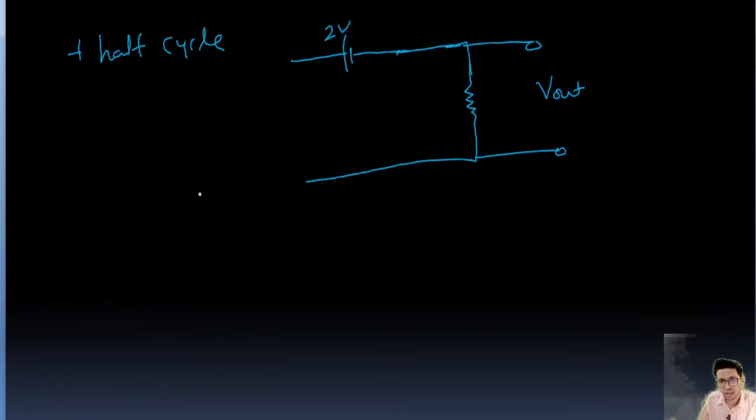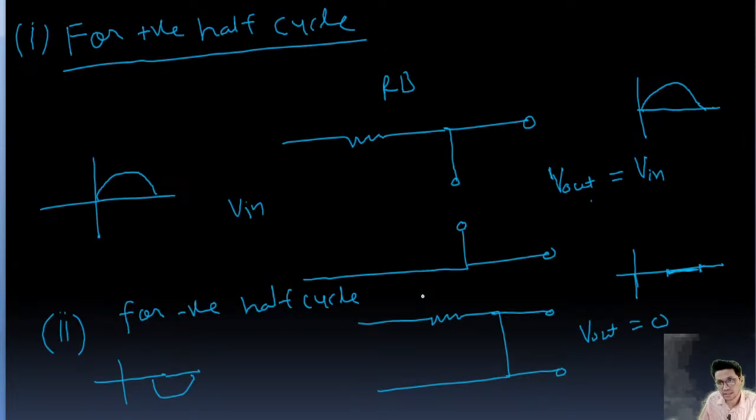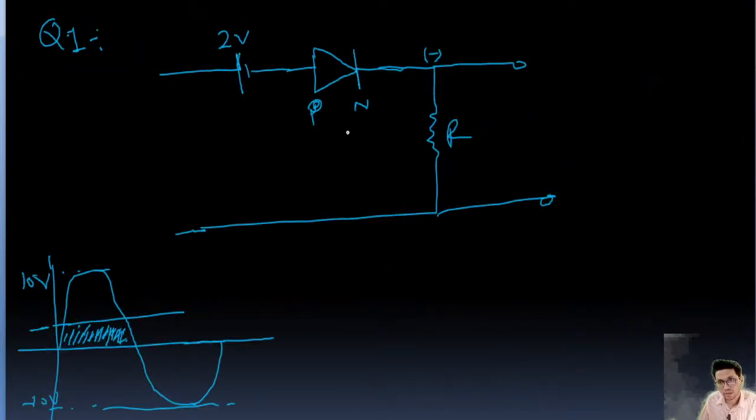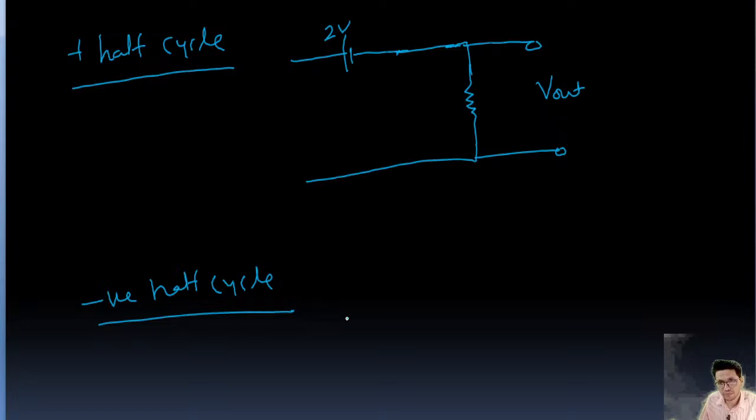Okay. Now for the negative half cycle, you can see guys this. So negative half cycle means this positive part, this negative part, means this is going to be open circuited, right? Then the figure is going to be like this.